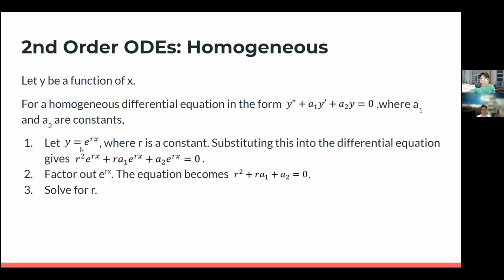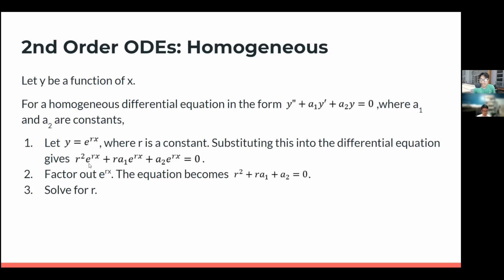Continuing, when we substitute y equals e to the rx into our differential equation, y prime is e to the rx times r. So that's the term here: a1 y prime becomes this. And when you take the second derivative of y, it becomes r squared e to the rx.